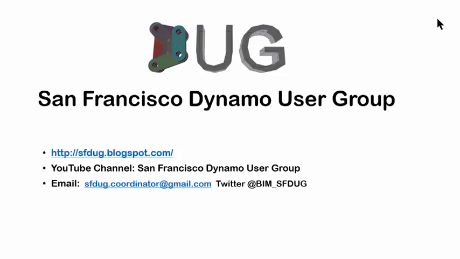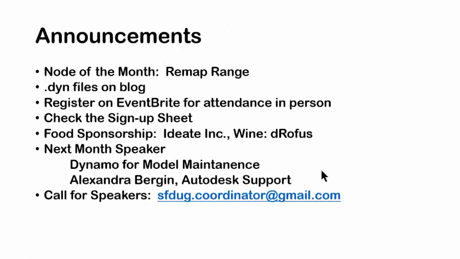Just a few announcements. We started this Node of the Month series this month. The node is remap range, and I'm going to spend maybe 5 minutes at the end of the presentation to explain what it does and how it could be useful in our workflows.